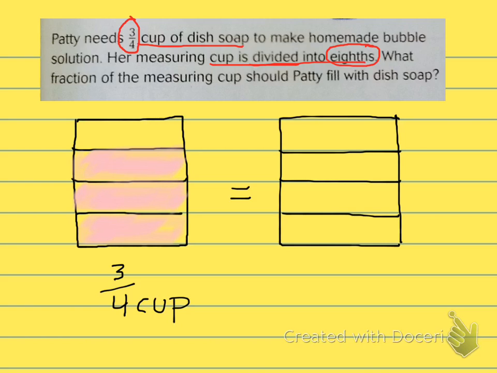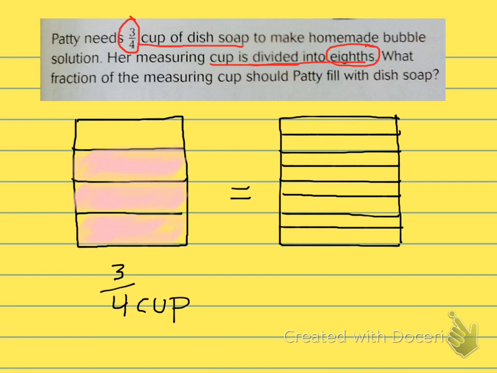Well, I know if I divide every fourth in half, one-fourth divided by 2, there are actually 2 parts for every 1/4, which would give me eighths. 2/8 for every 1/4.